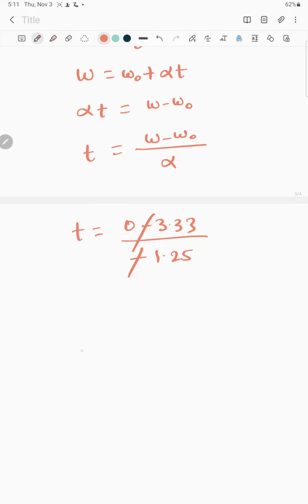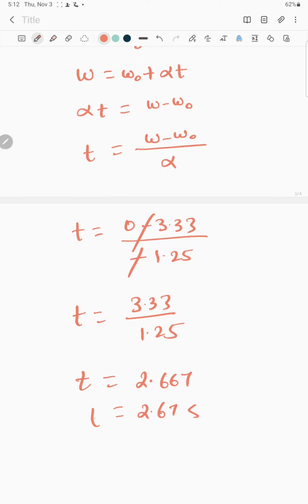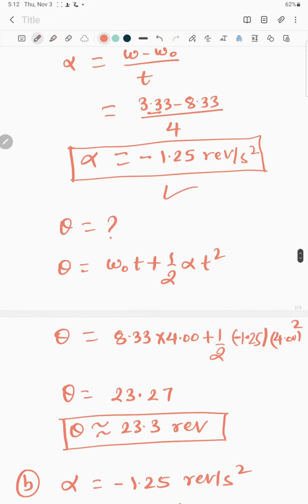The negative sign will cancel, time will be positive, which is 3.33 divided by 1.25. Putting into the calculator, I'm getting 2.667, so I can round it up to 2.67 seconds. So this is the time required to come to rest.